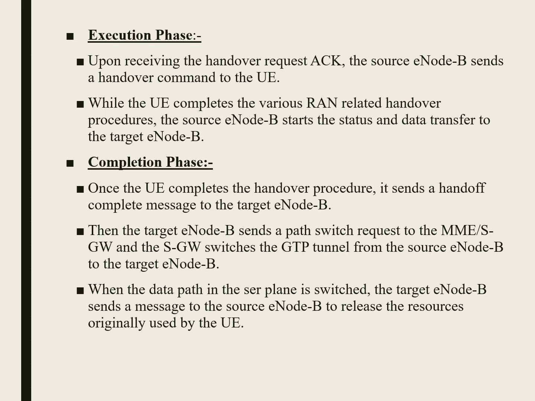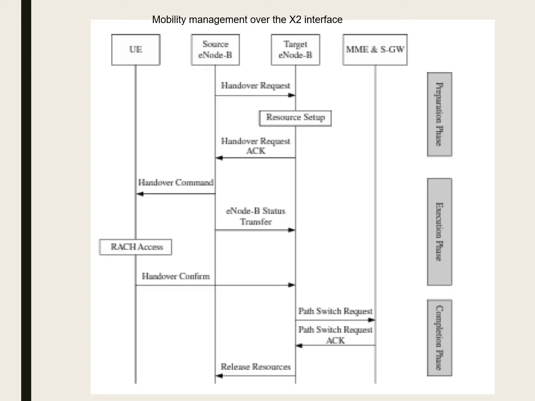When the data path in the user plane is switched, the target eNode sends the message to the source eNode to release the resources originally used by the user equipment. This diagram gives you the clear picture about the mobility management over the X2 interface.